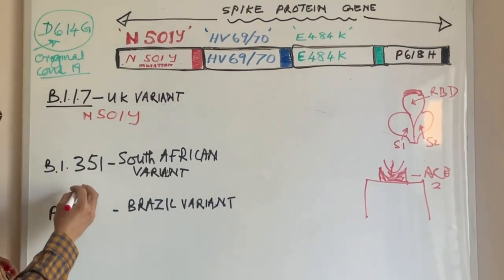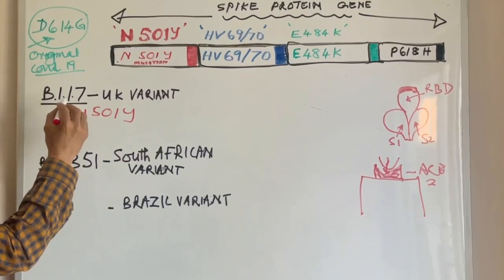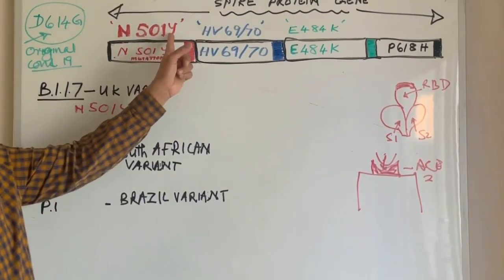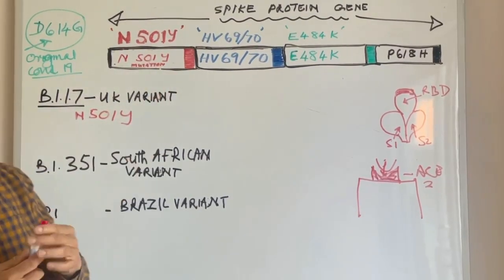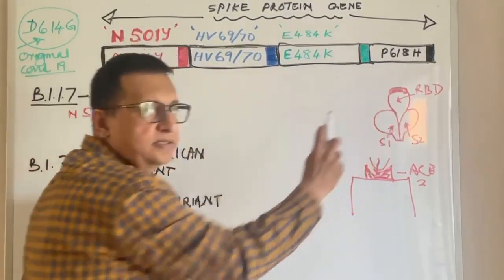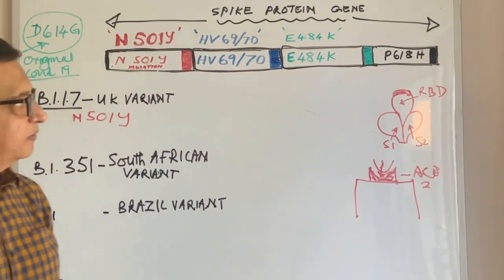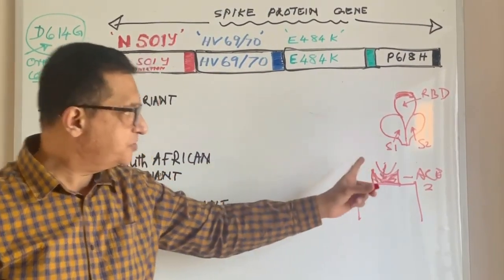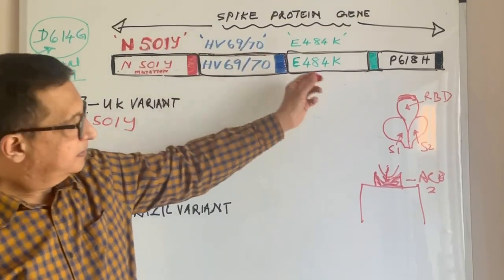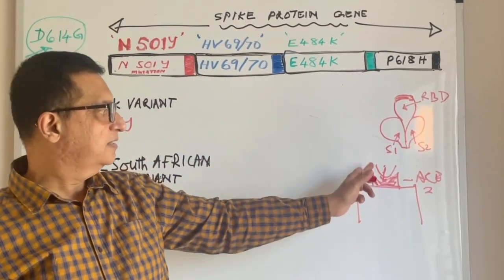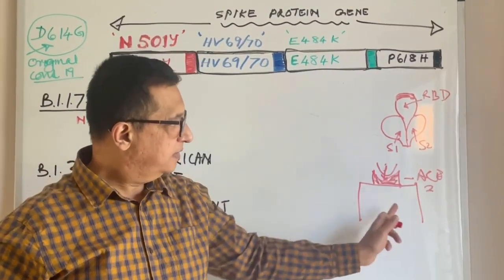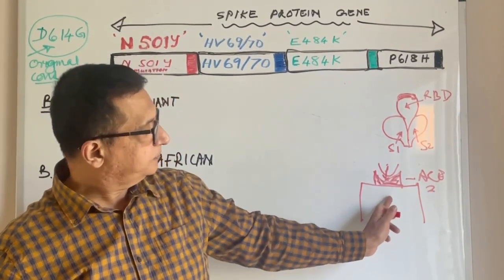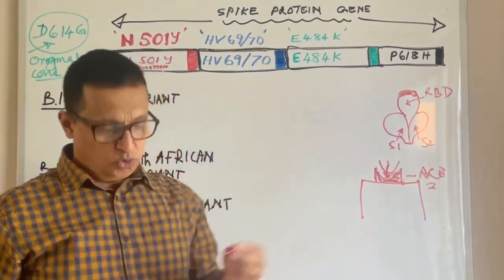This was found in the UK variant B117, and this mutation causes a change in the receptor binding domain of the spike protein, by which it more facilitates the entry into the host cell by touching the ACE2 receptors.